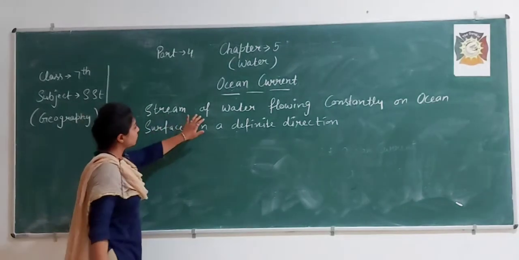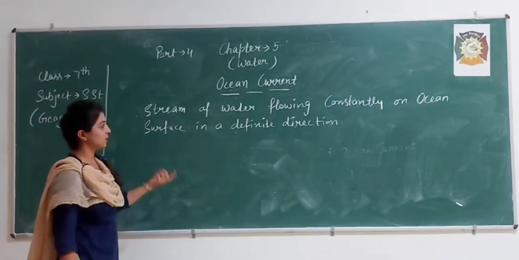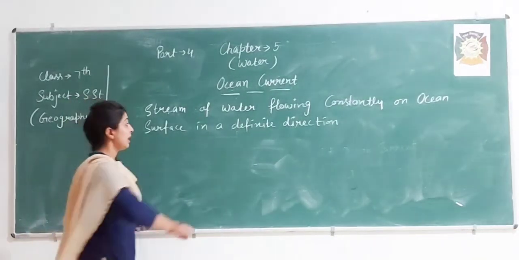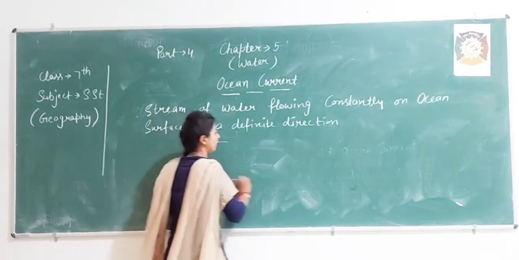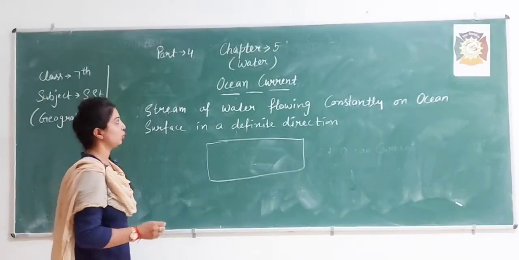Okay, a stream of water flowing constantly on the ocean surface in a definite direction means the current which flows in a definite direction on the ocean surface is called ocean current.